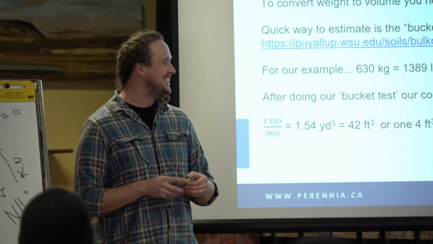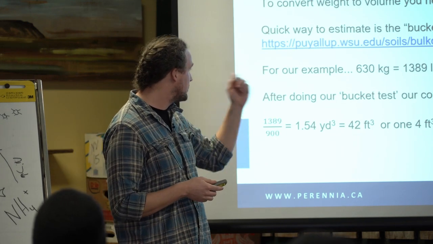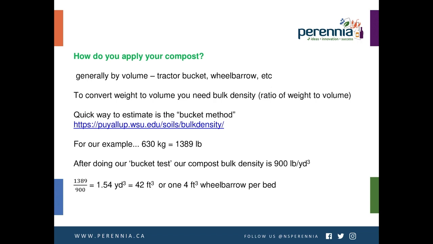So for our example, we were going to apply 630 kilograms of compost. That's about 1,400 pounds. We did our bucket test, which gave us a bulk density of 900 pounds per cubic yard. That equals 1.54 cubic yards per block, which is 42 cubic feet, roughly one 4-cubic-foot wheelbarrow per bed.